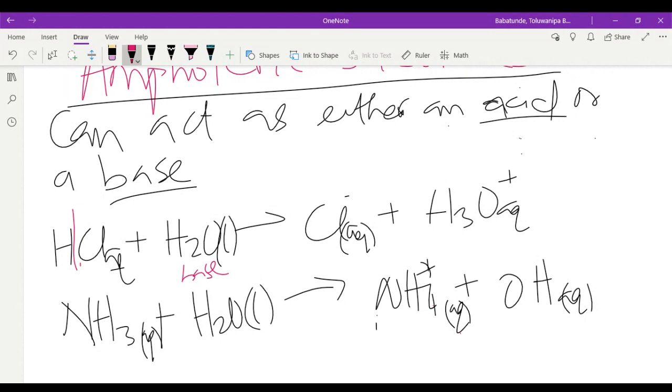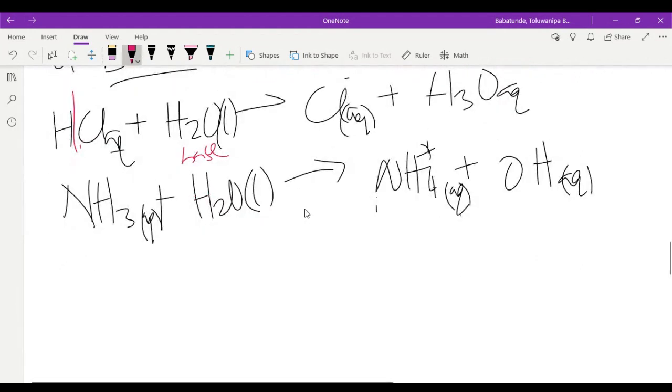In this case, we can see that water is acting as an acid because we have hydrogen leaving a water molecule. Water is donating a hydrogen ion to ammonia here to form our ammonium ion.